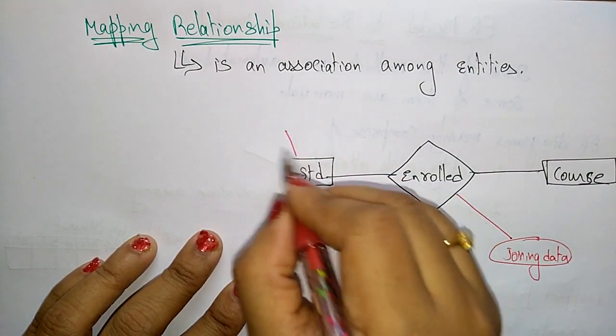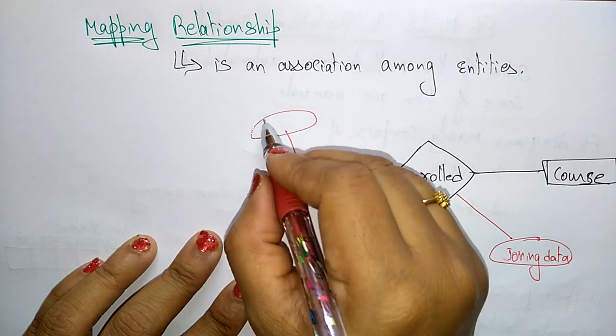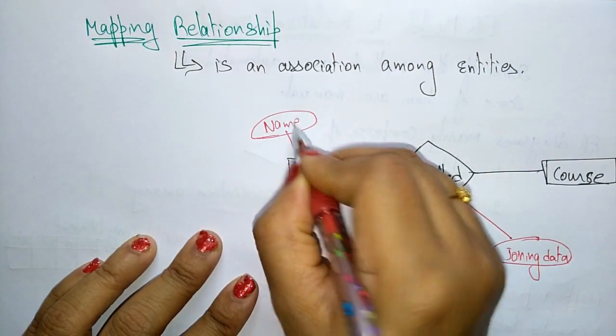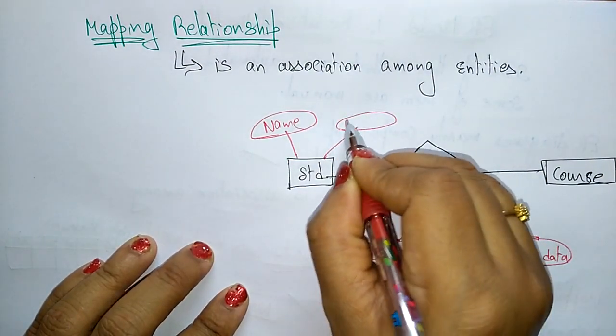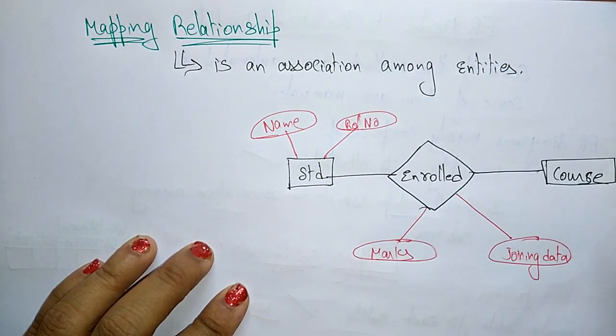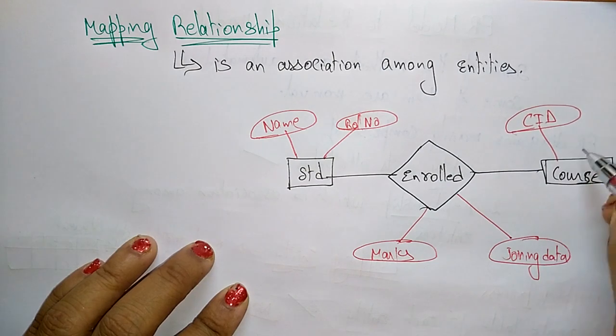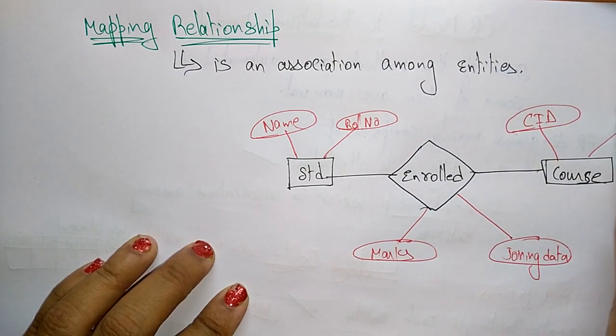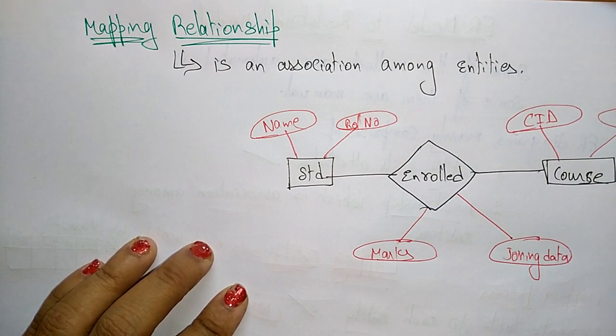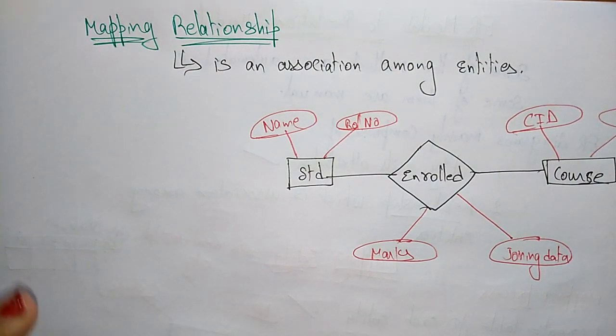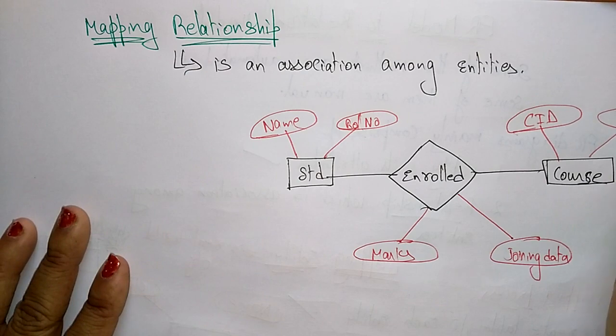And for student the attributes are name of the student, roll number, and for the course, ID, and then title of the course. So these are the fields for these entities.